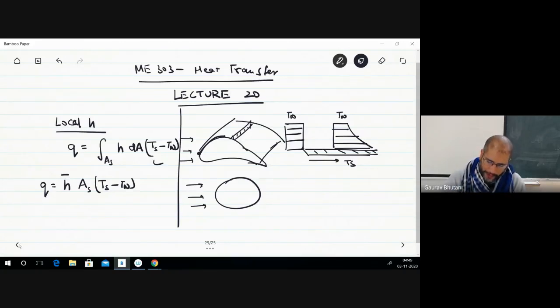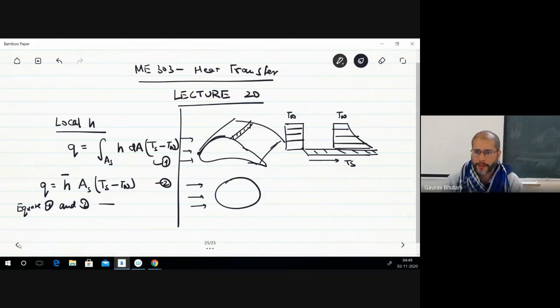So if I equate 1 and 2, because the total heat loss from the surface is the same, then that helps you find h bar. So remember, in the only integral we have here, h is a function of x, so we have to keep it inside the integral.